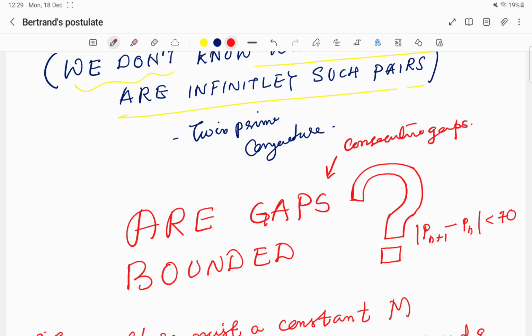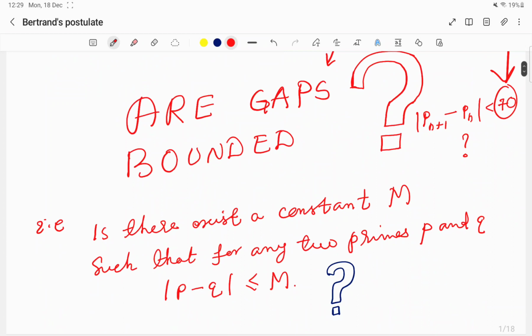There may be infinitely many primes, I don't care, but if you take the consecutive difference, it is less than 70. That's the question: is there such a number available? So right, can these gaps be bounded? This is the question I want to ask.